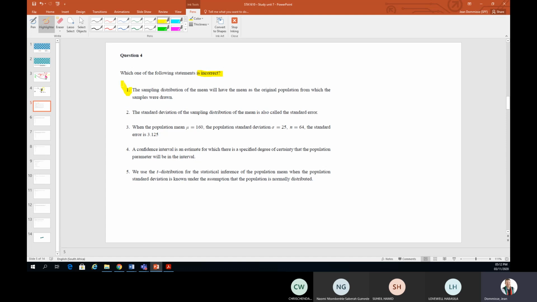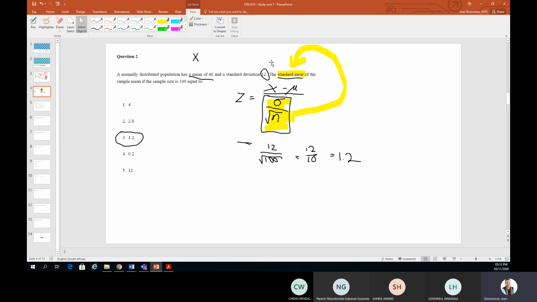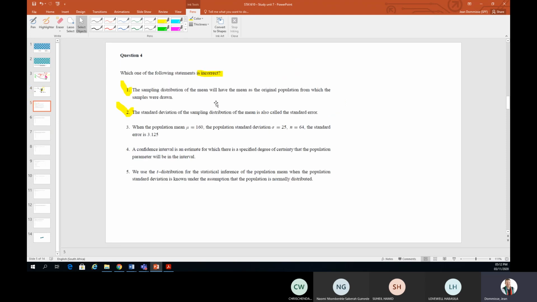Sure. One needs to go into your textbook for that, but that one is correct. The standard deviation of a sampling distribution of a mean is also called the standard error. That one is correct. That is what we basically did there.